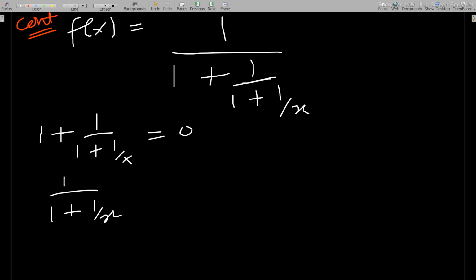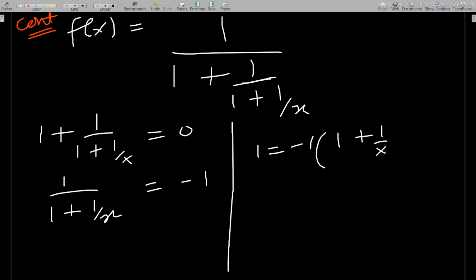Then I reciprocate it, or in other words, I can cross multiply, and get 1 is equal to negative 1 times 1 plus 1 over x. If I divide through by negative 1, I get negative 1 equals 1 plus 1 over x. So negative 2 is equal to 1 plus 1 over x.